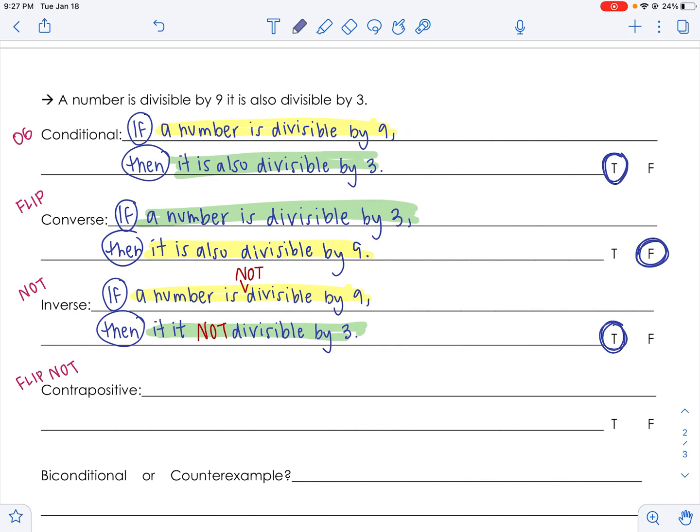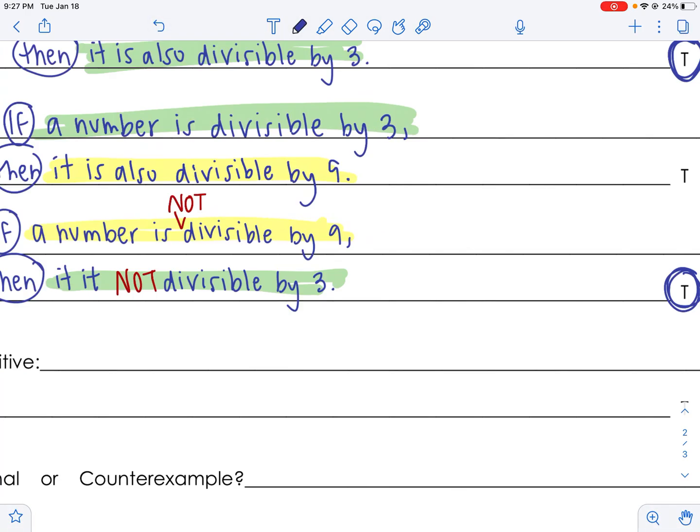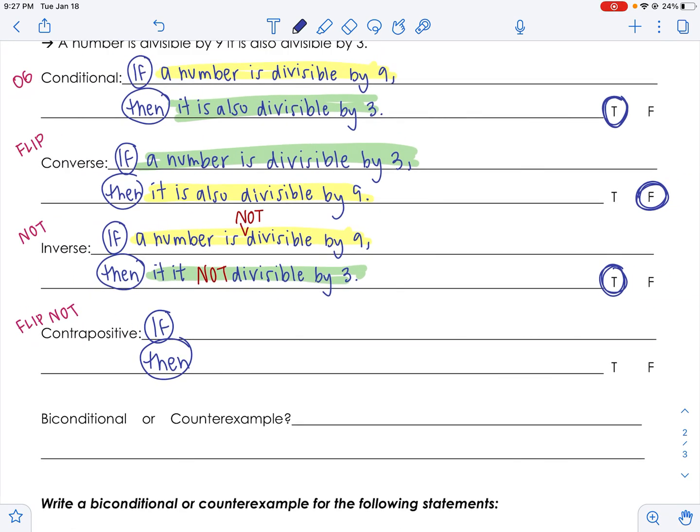Okay, flip not means we're going to flip and not our original statement. So I still have the if and the then there. But I'm not going to say if the number is divisible by 3. I'm going to say if a number is not divisible by 3, then it is also not divisible by 9.